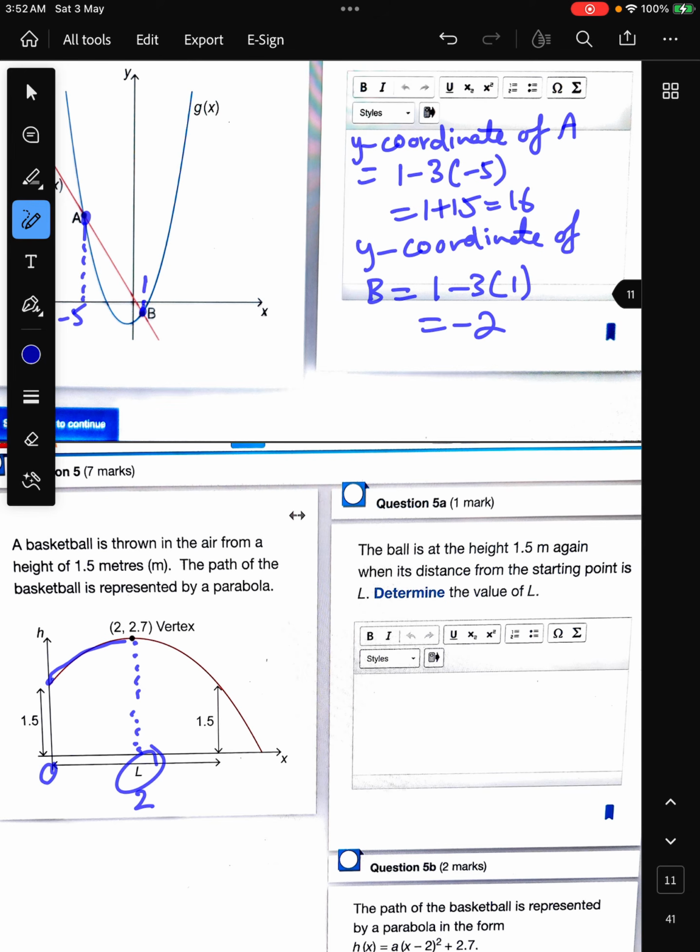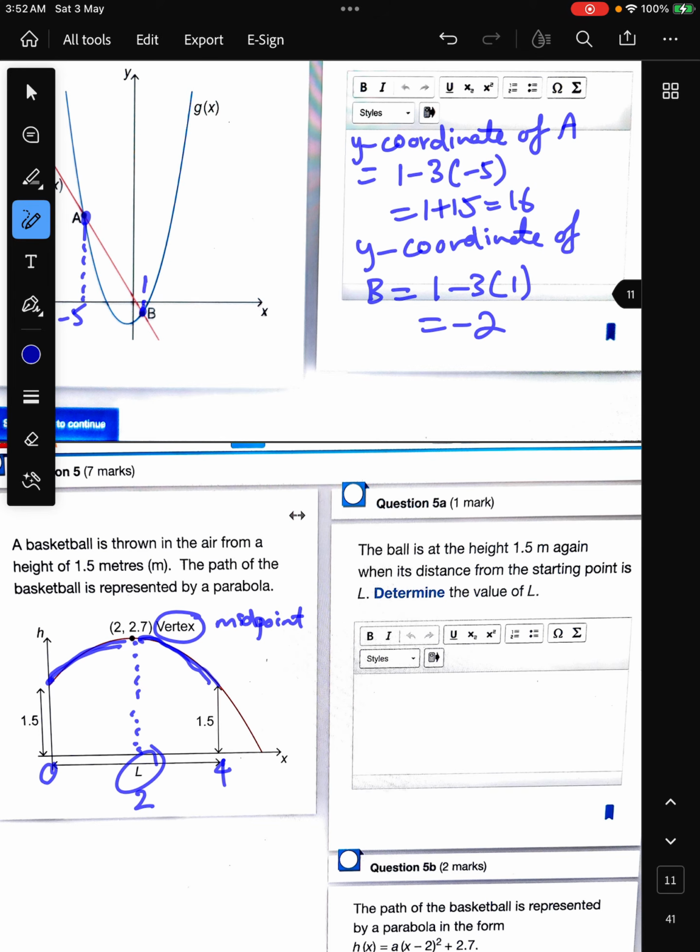This is obviously 0, and since this is a parabola, this vertex should be at the midpoint of the parabola. So if this is 2, then this has to be 4, because this part is like a mirror of the first part of the parabola here.